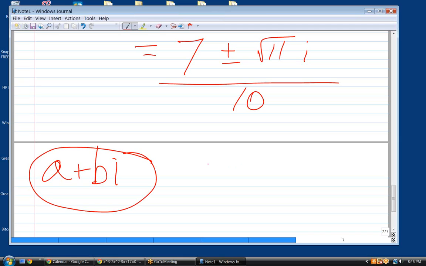Okay. What's the a part? 7/10. And the b part? Root 11 over 10 i. Right. Now I really separate the i. Okay.